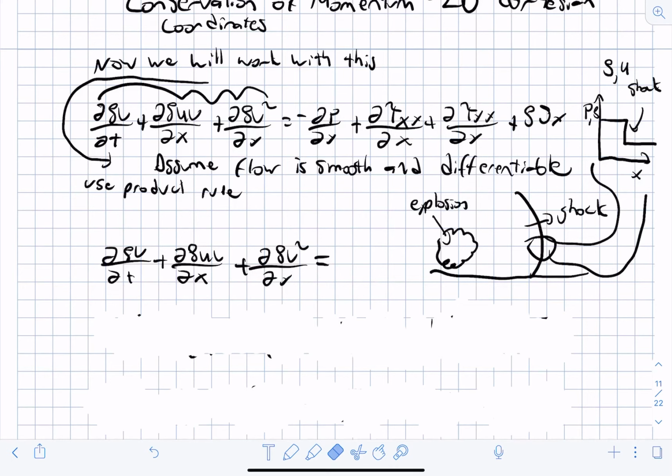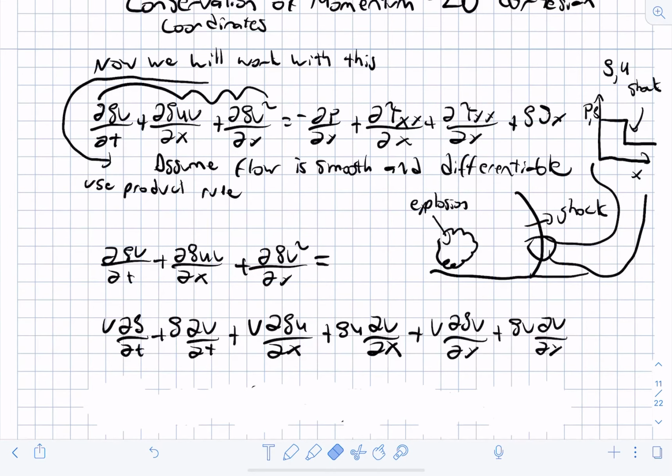Okay, so now we're going to use the product rule. This term is going to turn into a gigantic mess. I'm going to basically use the product rule on one of these v's on all of these terms.